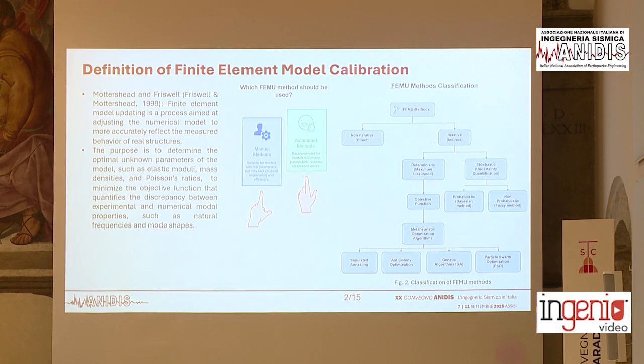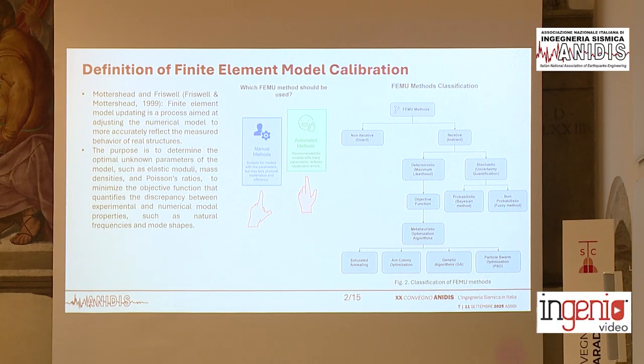It is usually used when we want to have computational efficiency. The iterative method, which is widely used nowadays, is divided again into deterministic maximum likelihood methods and stochastic uncertainty quantifications.